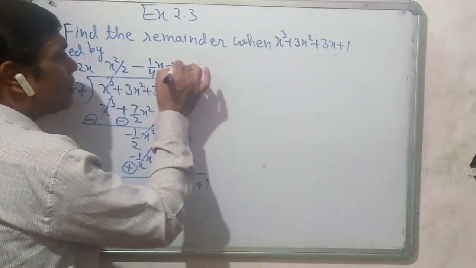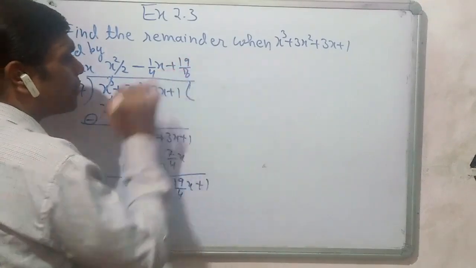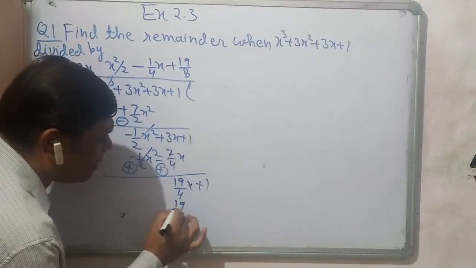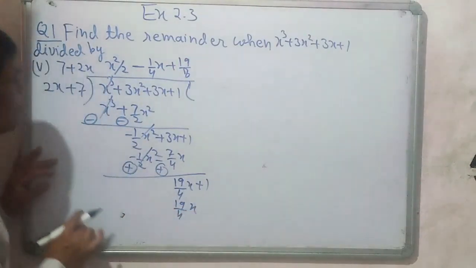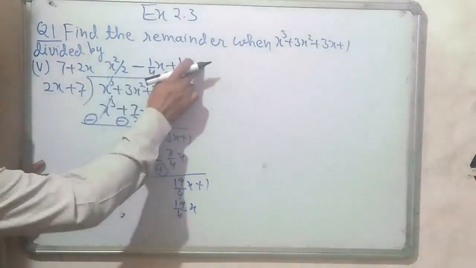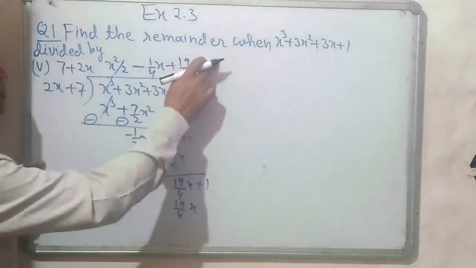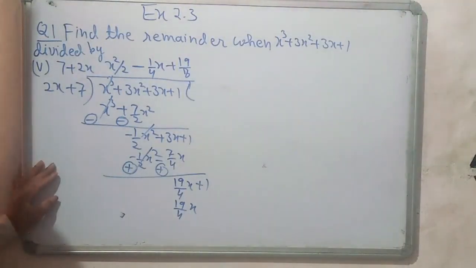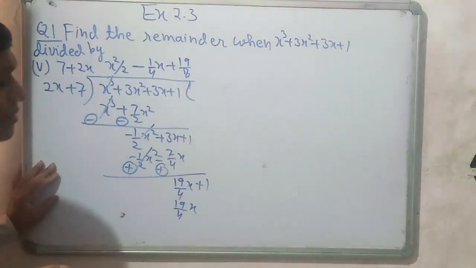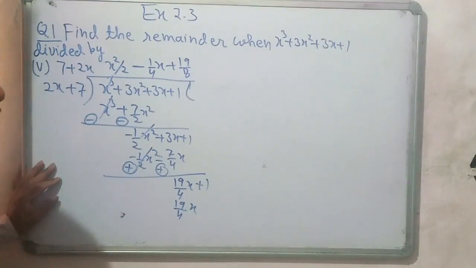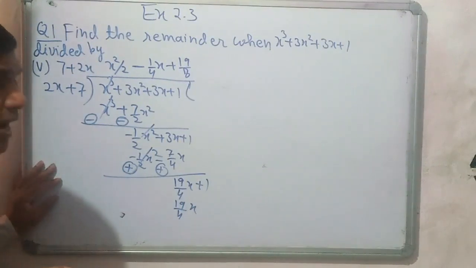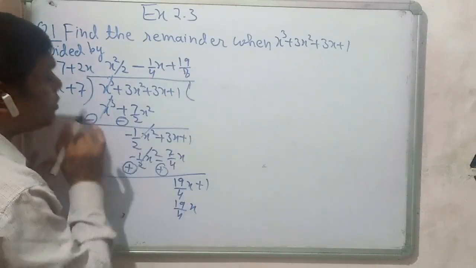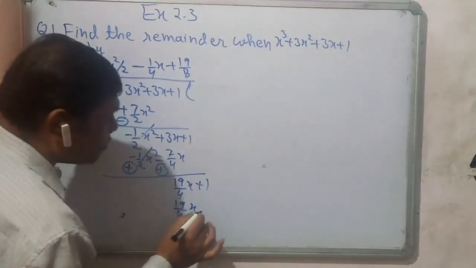19/8. So what we are getting is 19/4x. 7 into 19, right? How much? Table bhool gaye. 133, right? So 19 into 7 is 133.